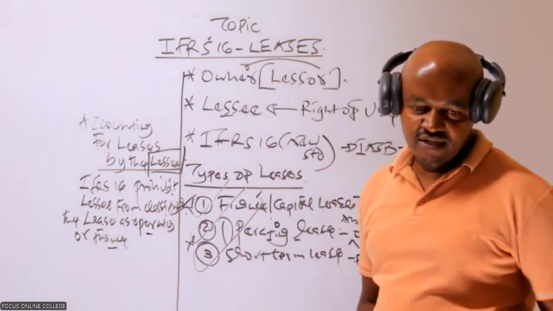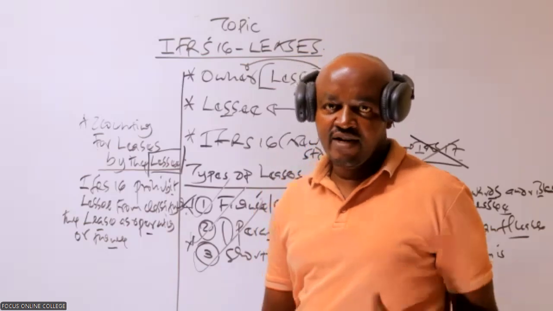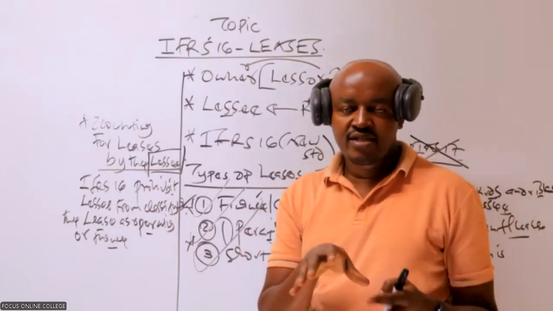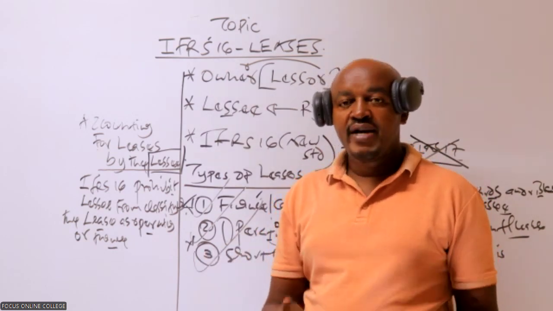What does that mean? It basically means that the classification of the lease as operating or finance lease only happens to the owner of the asset. The owner of the asset is the one permitted by this standard to classify the lease as operating or finance.